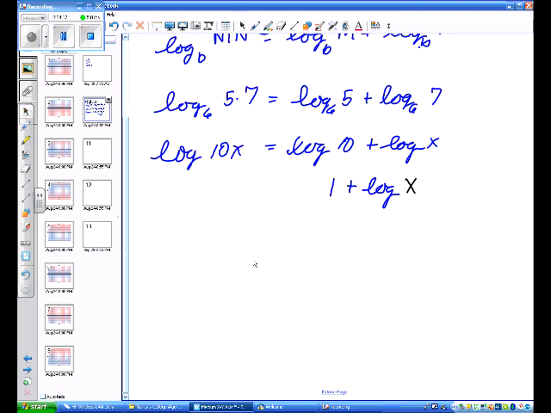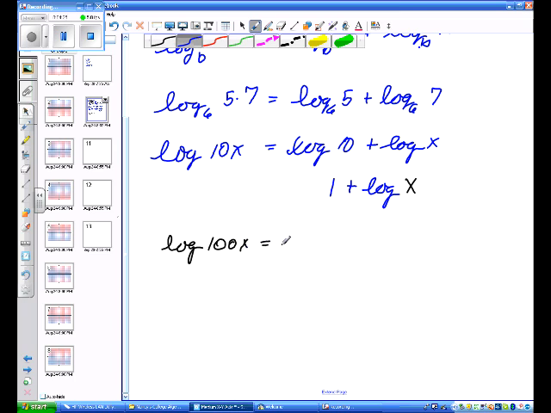And we've simplified it in a little way. If we had the log of 100x, well, that's the log of 100 plus the log of x. Now, we could write 100 as 10 squared. And the base of our log is the same as the base of our number, so it's equal to the exponent.